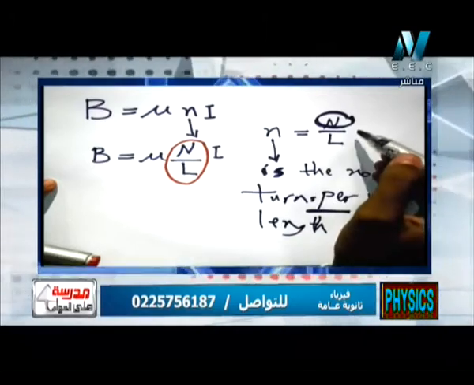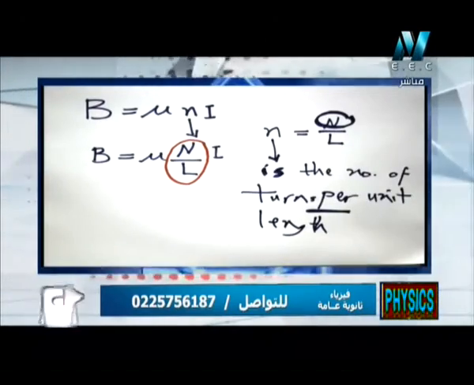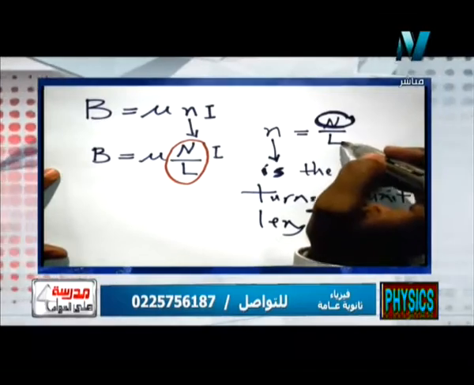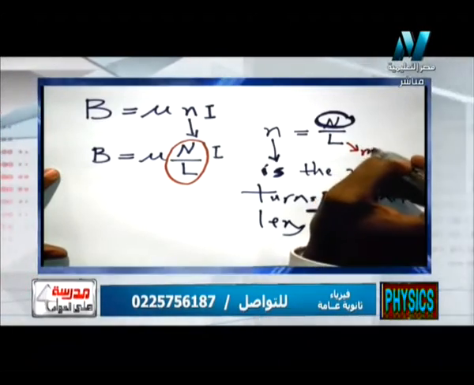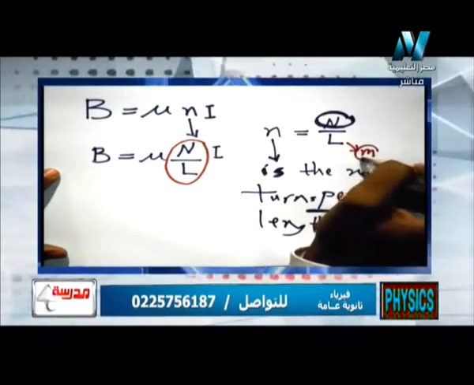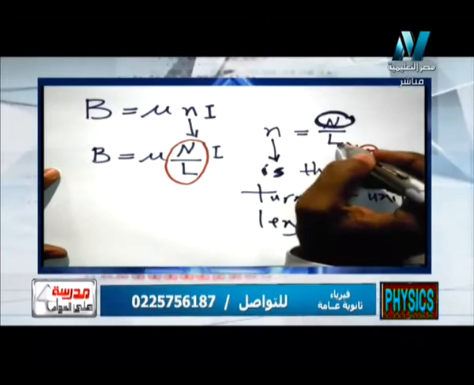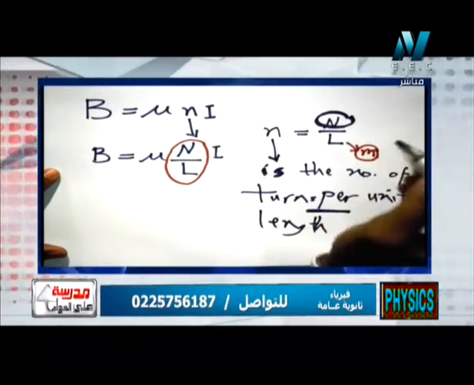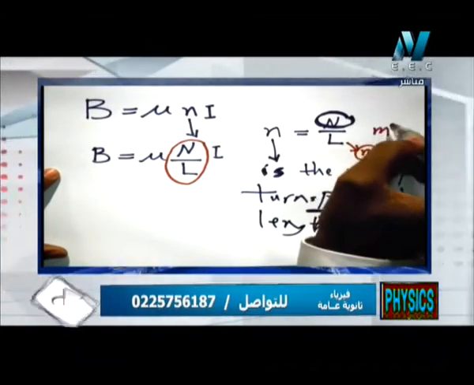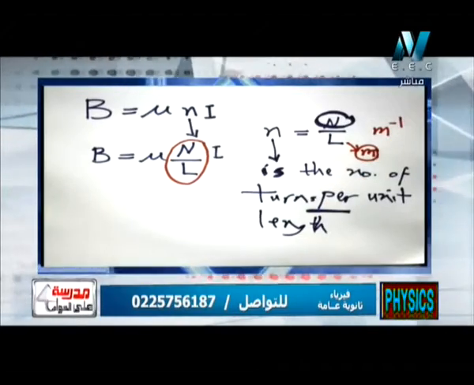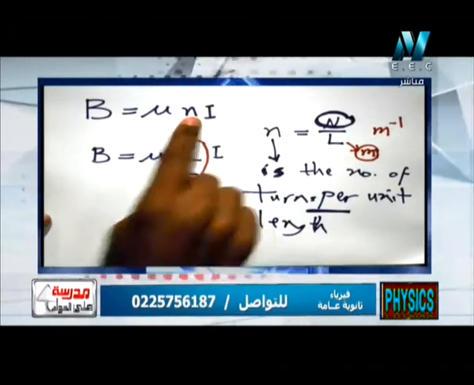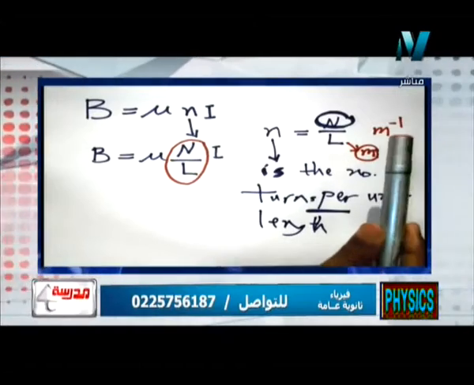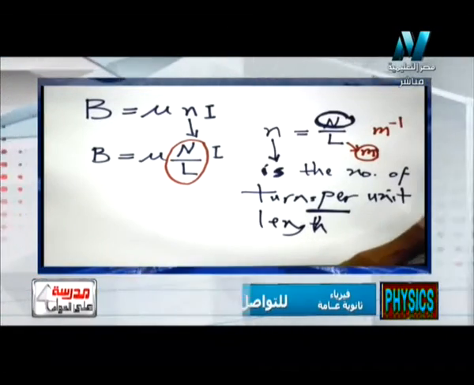And its unit is, of course, N is a number, it has no unit. L is measured in meters. When we transfer meter from the denominator to the numerator, it will be meter power negative 1. So n here is the number of coils per unit length. Its measuring unit is meter power negative 1.